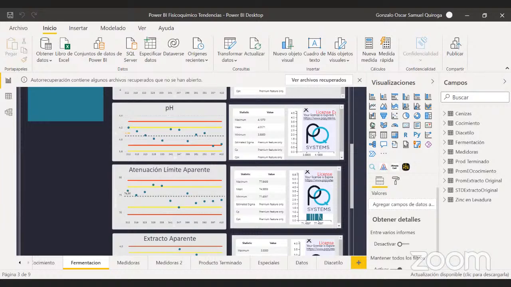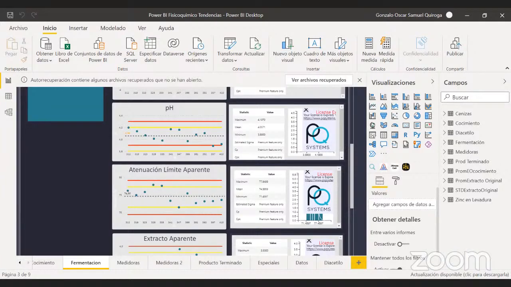Like we have extracto, extracto aparente, alcohol, turbidez, oxígeno, color. All this I have to put in there. You have pH. Yes, I have pH. And you have your upper and lower control limits. Yes, I have it here.